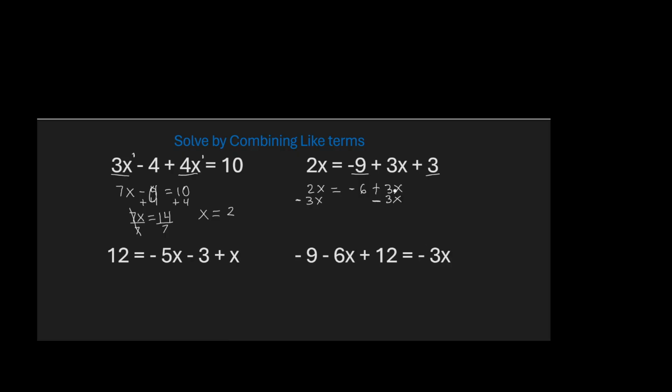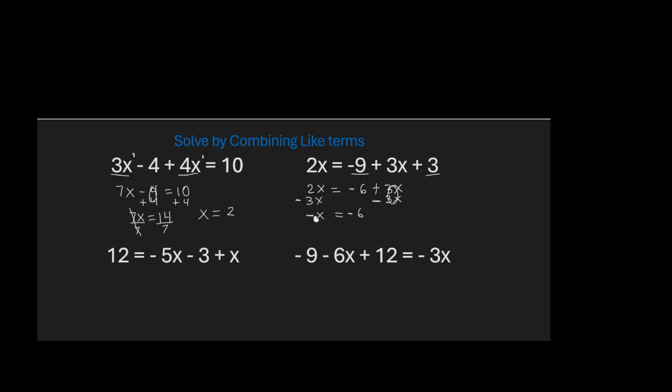Now, positive and -3x, that is gonna be 0. That's how you're gonna end up with -6. On the other side, can you see that they have different signs? Subtract, you're gonna get -1x. But remember, the -1 is multiplying x. So -1 times x, you're gonna get -x. We don't write the 1.